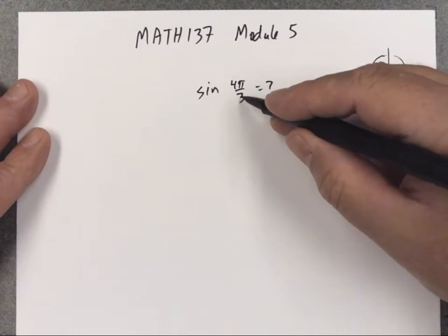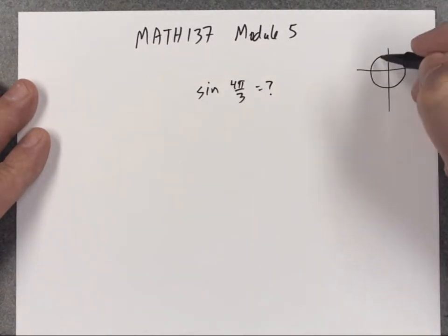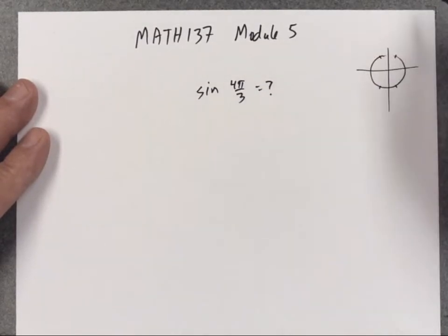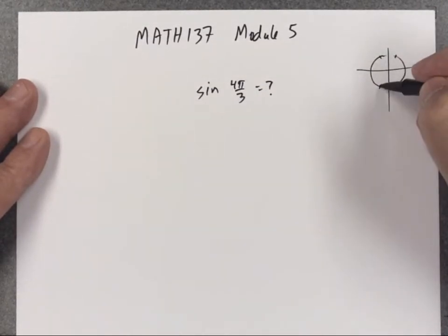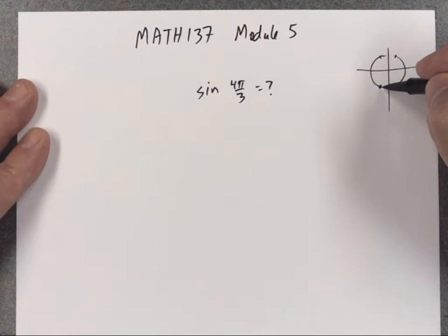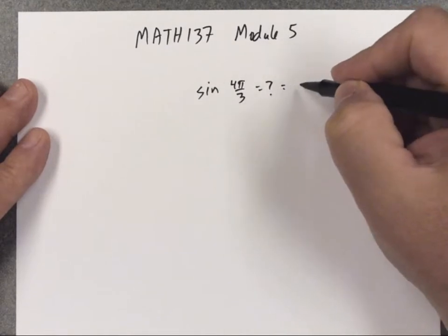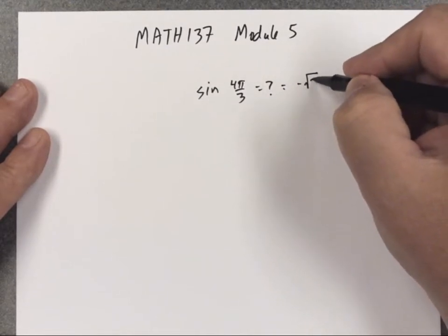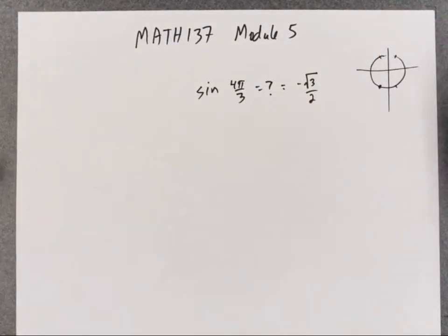I know this 3 denominator is one of these 4 points right here. Those are the ones with the 3. 4 pi over 3, I know is right here. And then for this point, since it's a sine, I'm looking for the value of y. I know the value of y is the square root of 3 over 2. And since it's in the third quadrant, it's negative.